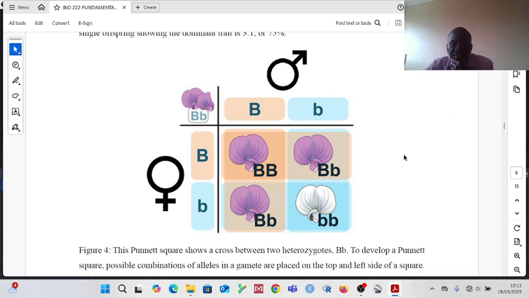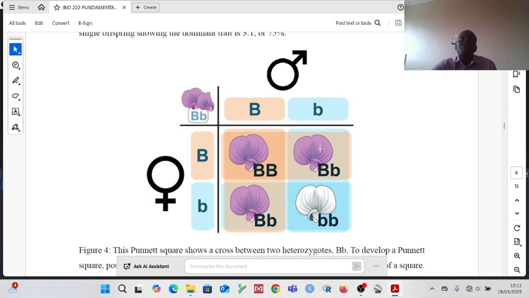But if it happens that the recessive allele from the male plant will cross with the dominant allele from the female plant, then we have a heterozygote state, but still the color is the same as the homozygous dominant. Then if it still happens that the dominant allele from the male will meet with the recessive allele from the female, we end up with a heterozygote, same color as the homozygous dominant.